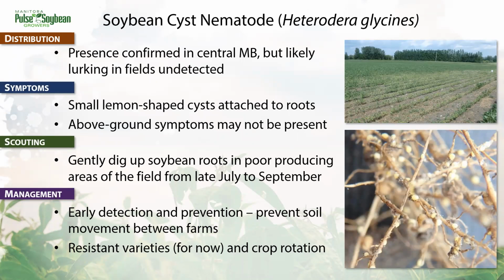We do have resistant varieties for now, and if you're concerned, you can work those SCN varieties into your crop rotation already. But do know that unless we have new varieties coming to market down the line with those other sources of genetic resistance worked in, this won't be a complete solution in the long term. And we're going to need to keep researching and further develop management options for this pest.